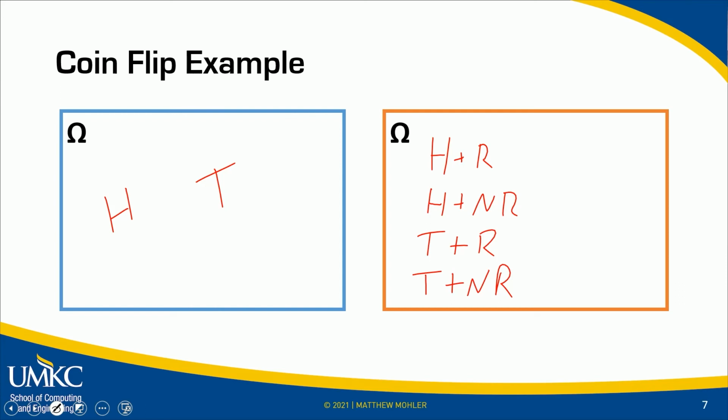Now, maybe the point of your experiment is to decide if raining has an impact on whether a coin lands heads or tails, in which case this information is probably important because without it, you wouldn't be able to reach a decision. But in most cases, this information would be irrelevant. We can say that by being inside the rain does not have an impact on our experiment.